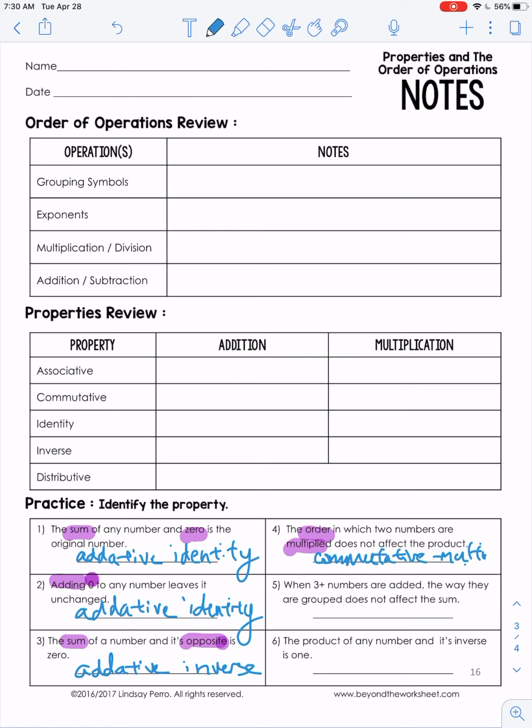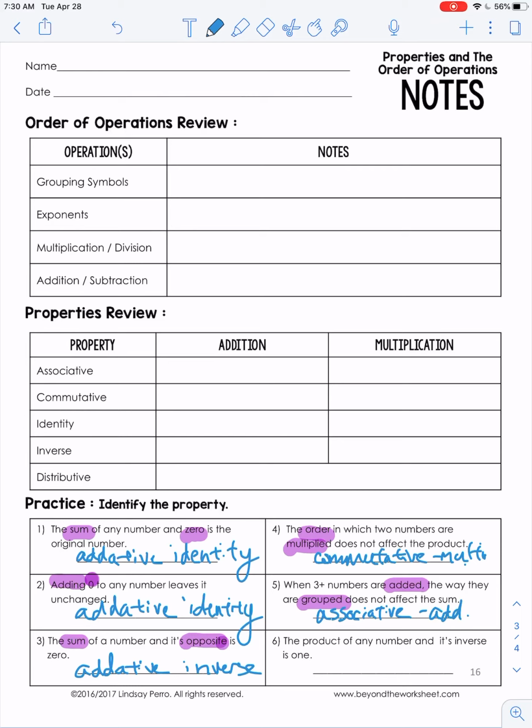Number 5, when 3 or more numbers are added, the way they are grouped does not affect the sum. So our key words are added and grouped. Which property has to do with grouping? It is our associative, and it's adding, so the associative property of addition.